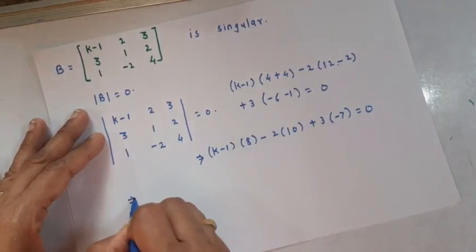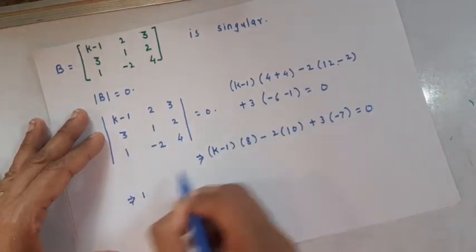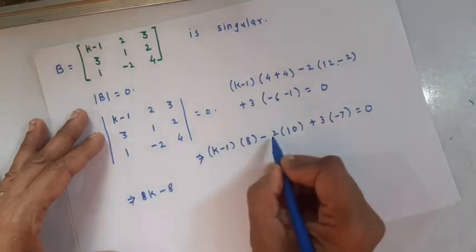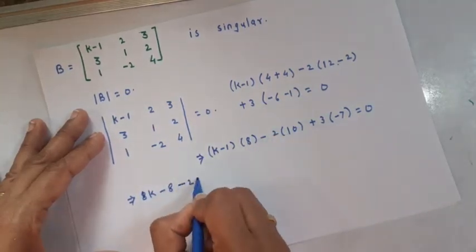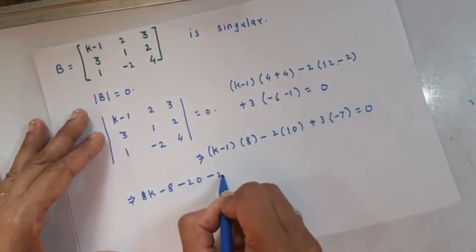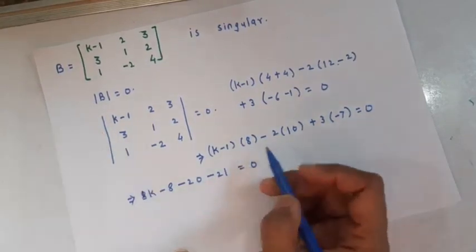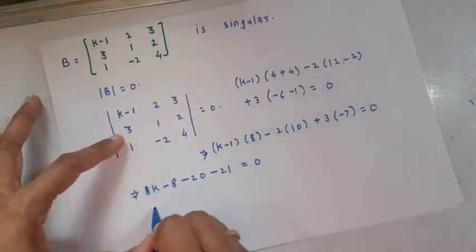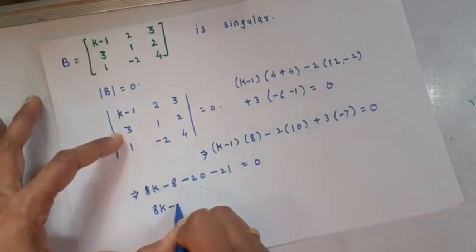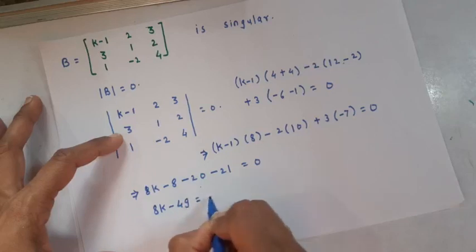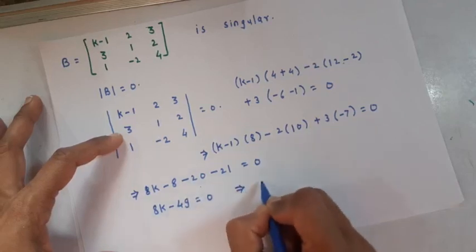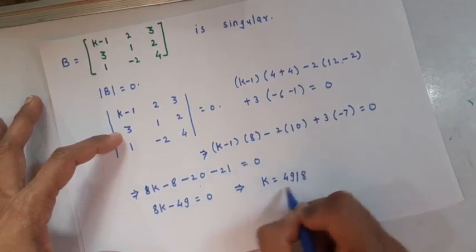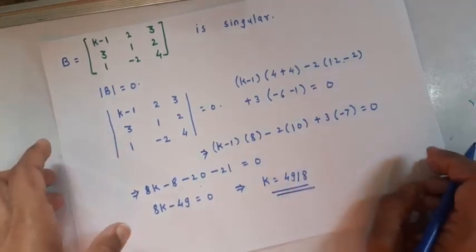This implies 8k minus 8 minus 20 and minus 21 is equal to 0. Minus 20 minus 21 minus 8 is 49, and hence 8k minus 49 equal to 0. This implies k equal to 49 by 8. This is the value of k.